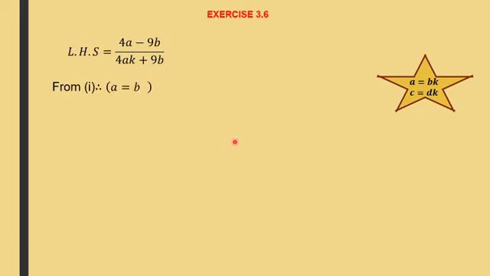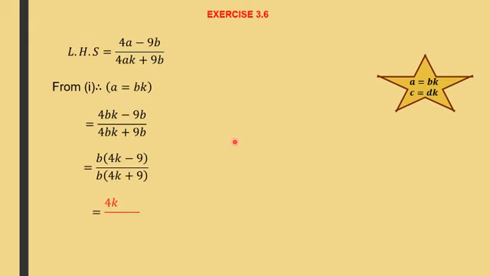From 1, that is a is equal to bk, put the value: (4bk minus 9b) over (4bk plus 9b), taking b common from the numerator and b common from the denominator, b and b cancel out, we have (4k minus 9) over (4k plus 9). Simple, take left hand side, replace the value of a. Remember, a is equal to bk and c is equal to dk.